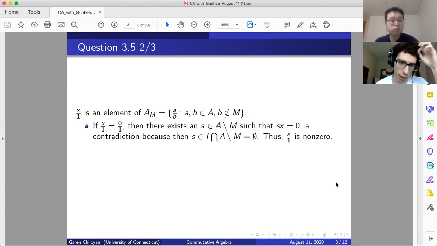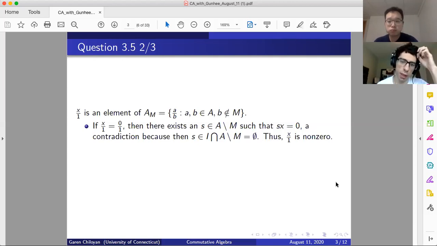Let's first show that X over 1 is not 0. If I assume it is 0, then there is an S not in M such that S times X is 0, but that's a contradiction because S would be both in I and not in M. Because M contains I, we have a contradiction.